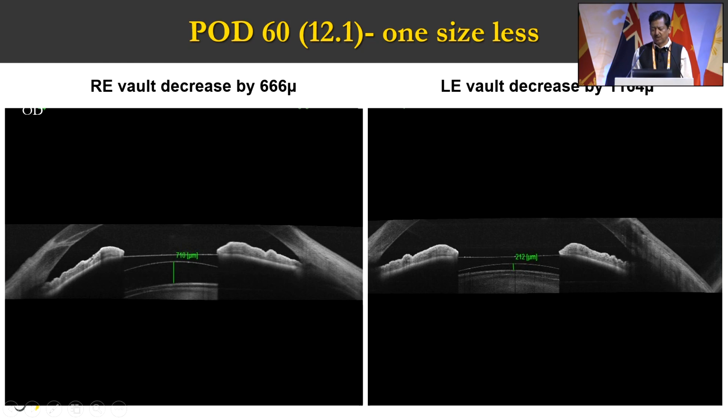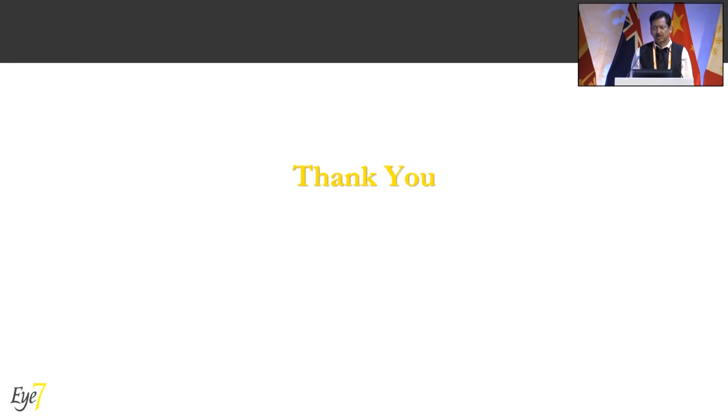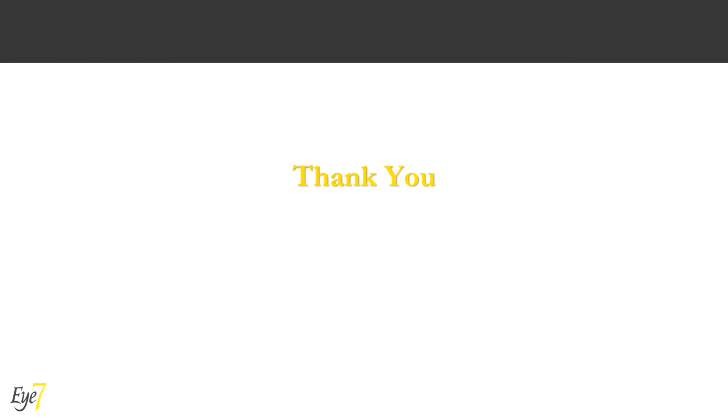And what happened to the left eye? Just by reducing one size lower, the vault came down by 1100. See the level of fluctuation. So, it is the high vault which is more worrisome and not the low vault. Thank you so much.